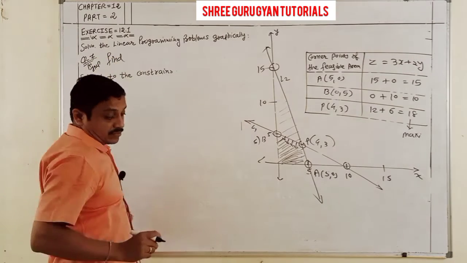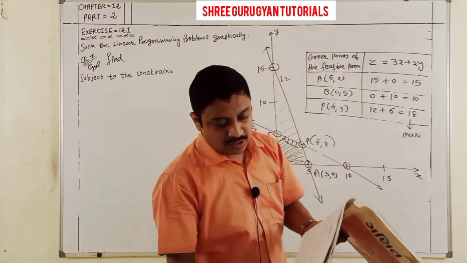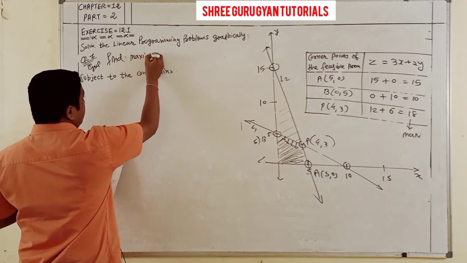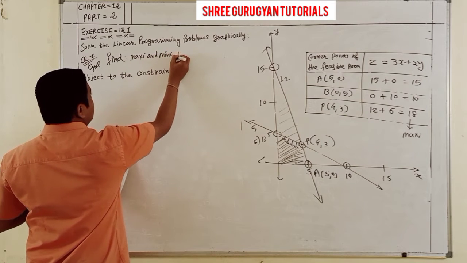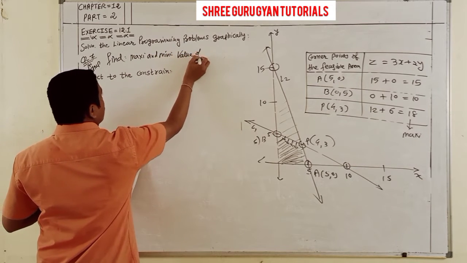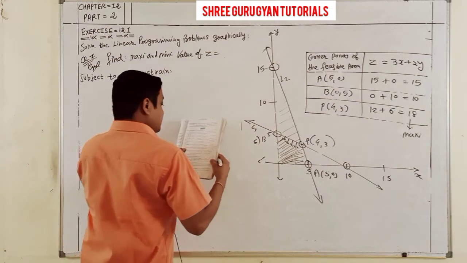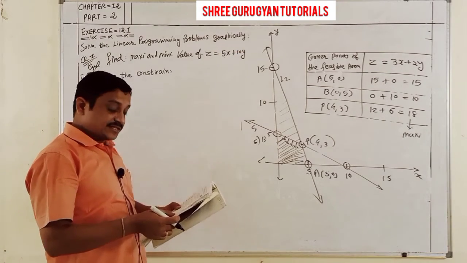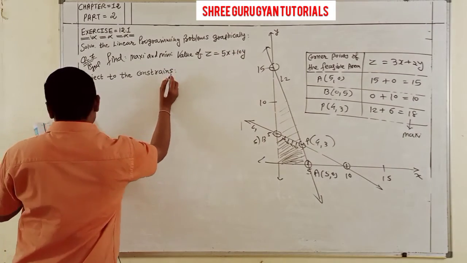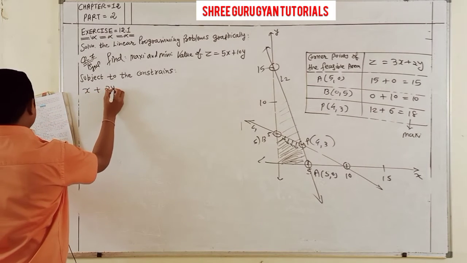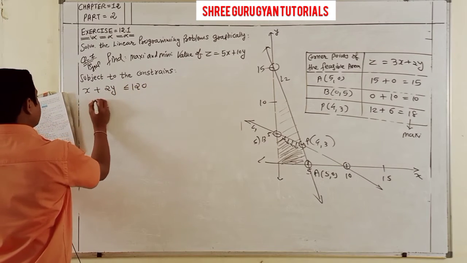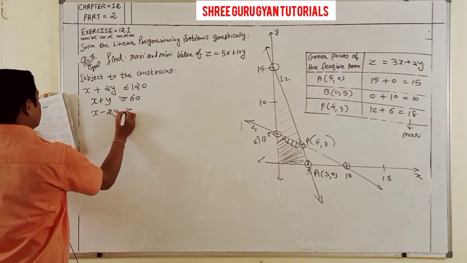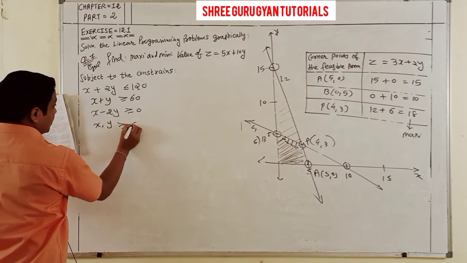Find the maximum and minimum value of Z given by 5x plus 10y, subject to x plus 2y less than or equal to 120, x plus y greater than or equal to 60, x minus 2y greater than or equal to 0, and x, y greater than or equal to 0.